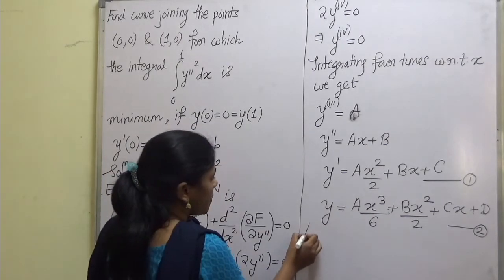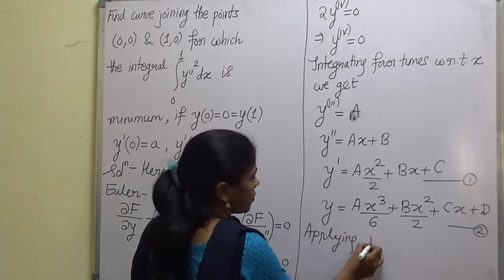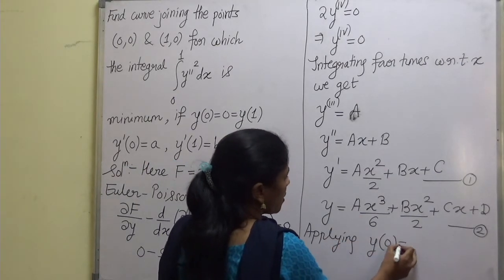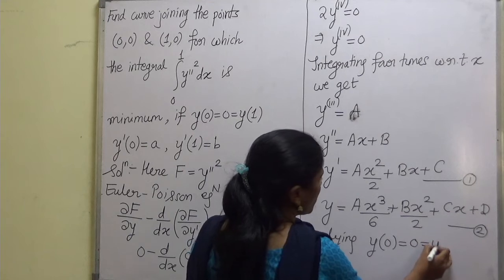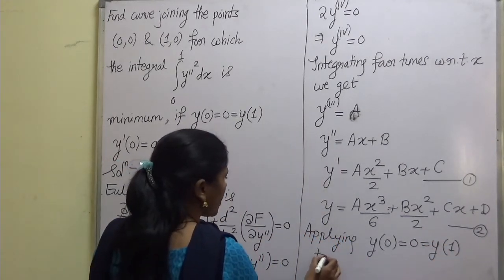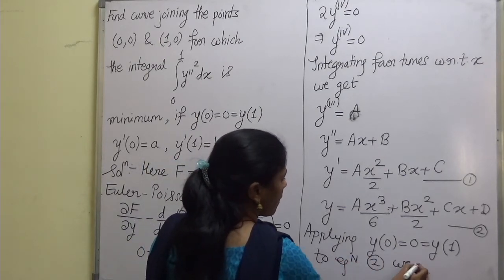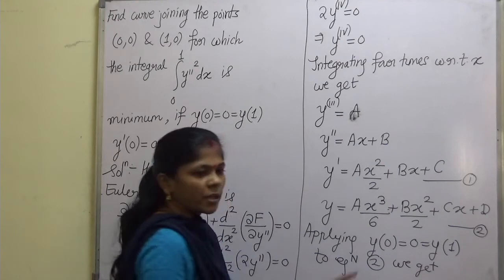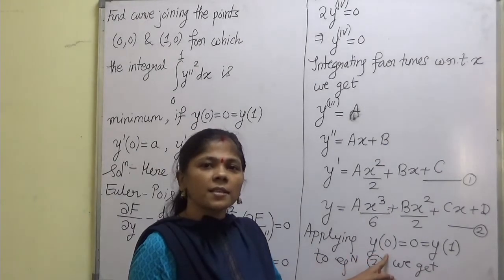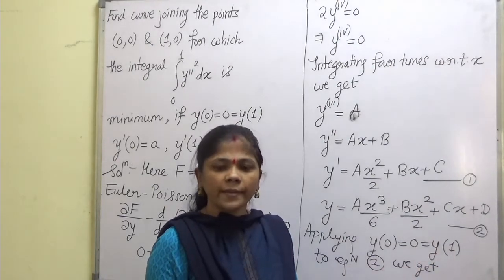Let us apply the first condition, y of 0 equal to 0 and y of 1 equal to 0, in equation 2. It means when x is 0, y is 0, and when x is 1, at that time also y is 0.